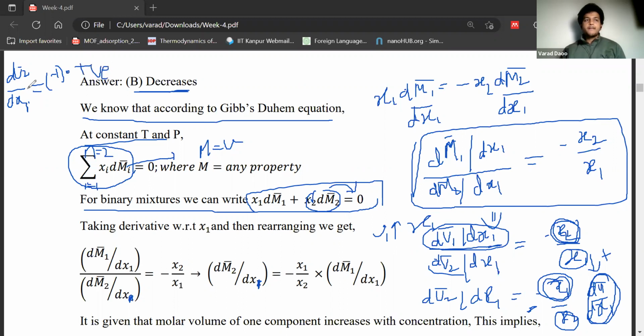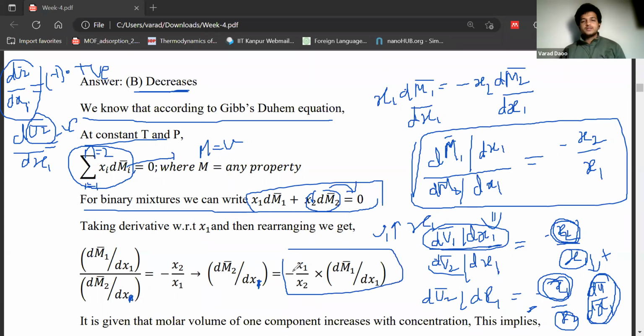That means dV2 bar by dx1 is going to be negative. That means V2 bar is going to decrease with respect to x1, and that is precisely what is asked. This is positive, this is positive, and this we are already given is positive, increases with concentration.